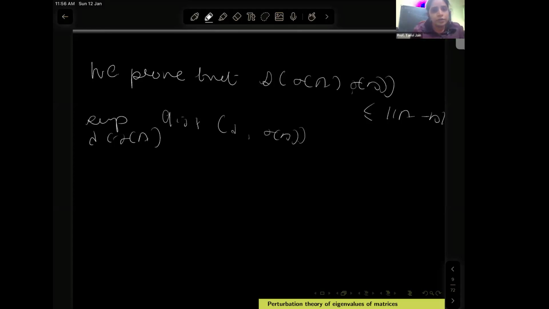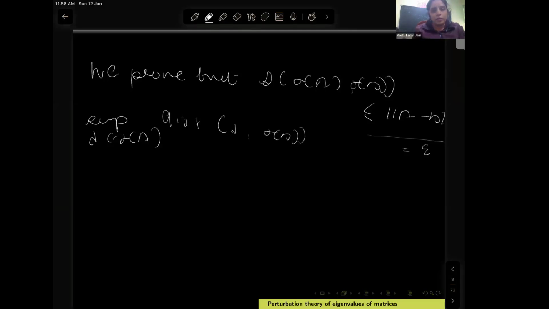So if I want to prove this, let's take norm a minus b to be epsilon, just to avoid writing norm a minus b again and again.